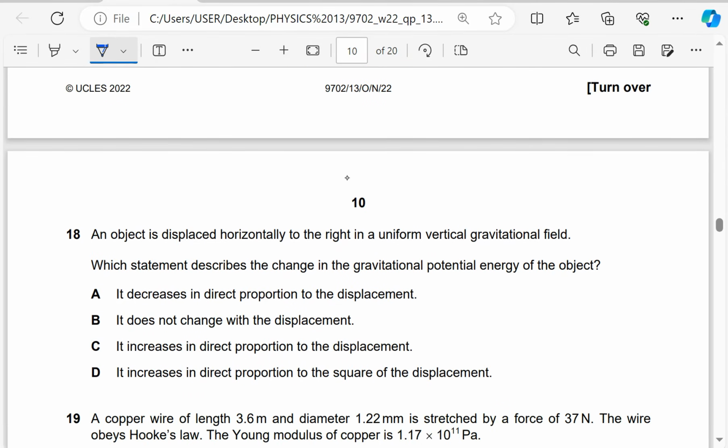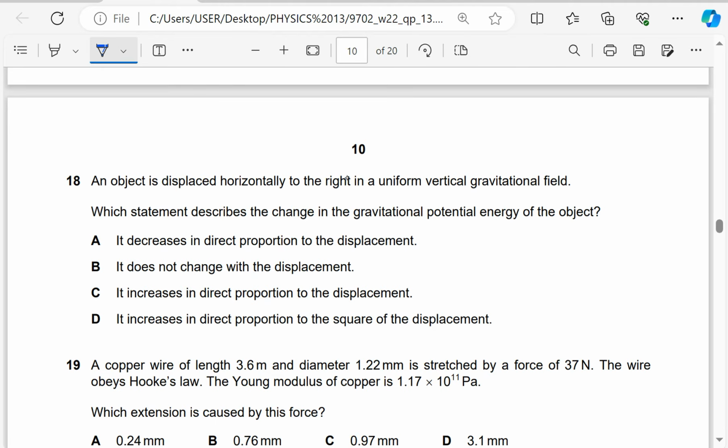An object is displaced horizontally to the right in a uniform vertical gravitational field. Which statement describes the change in the gravitational potential energy of the object? Okay, so we know that gravitational potential energy is equal to mgh.